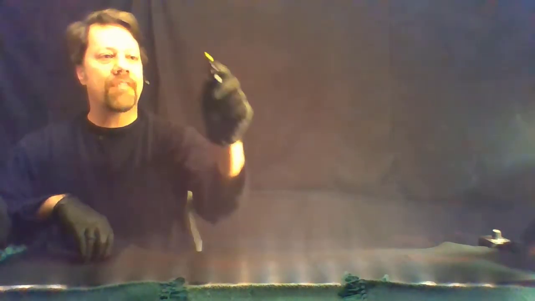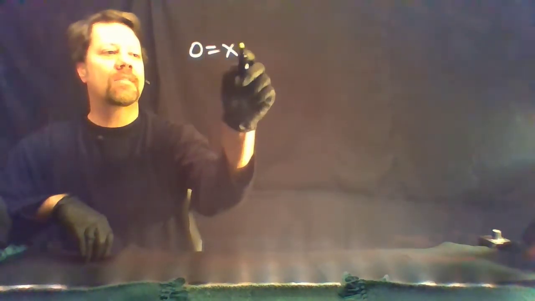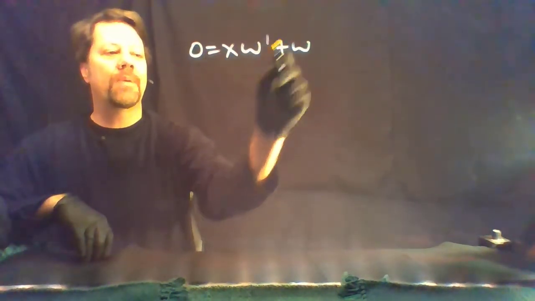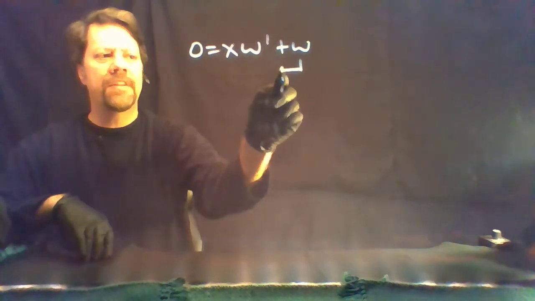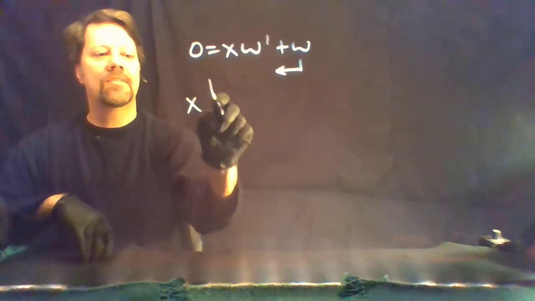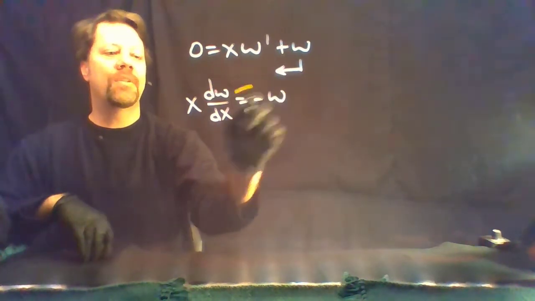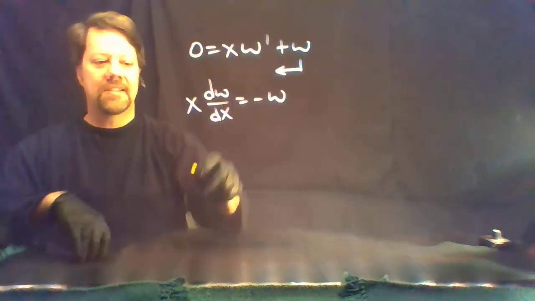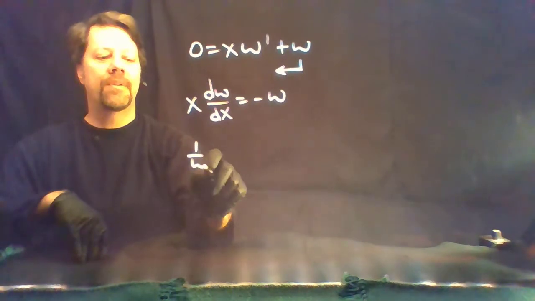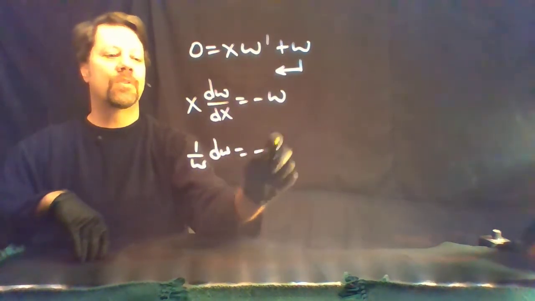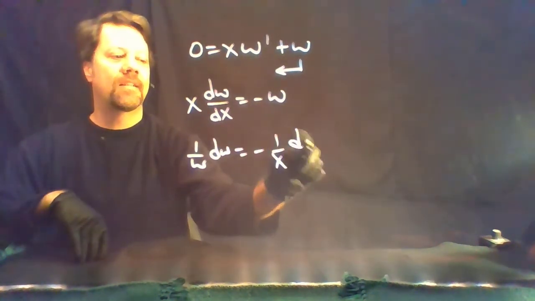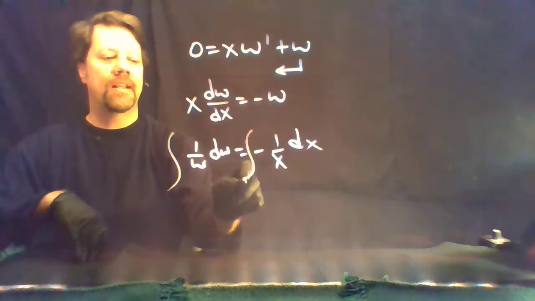Having reduced everything down to x w prime plus w equals 0, we'll move the w over. We'll get x dw dx equals minus w, and then separating the variables, we get 1 over w dw equals minus 1 over x dx, which we then integrate.